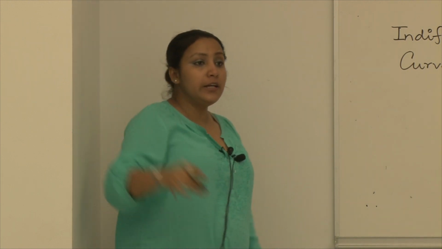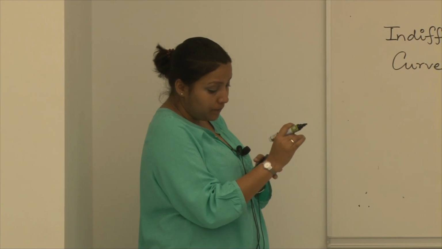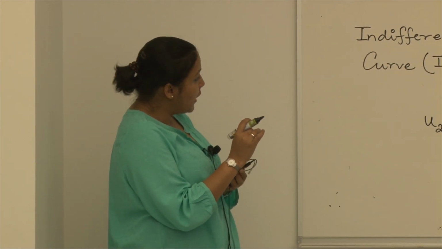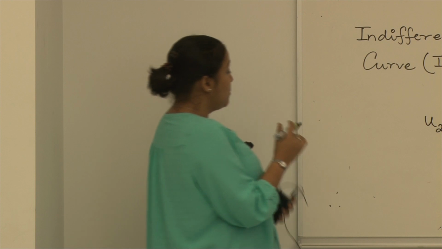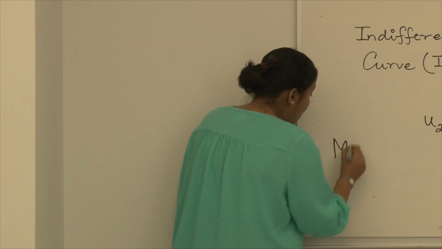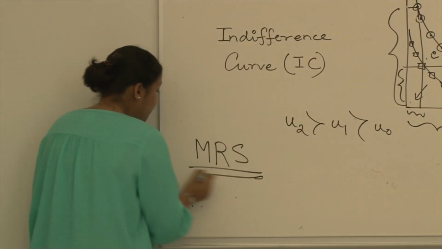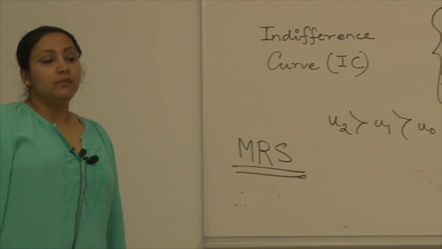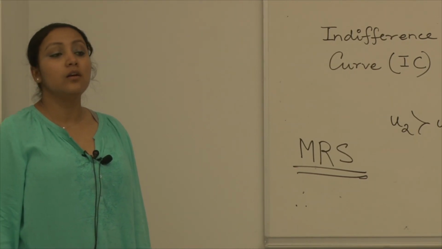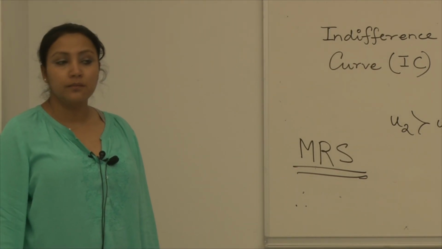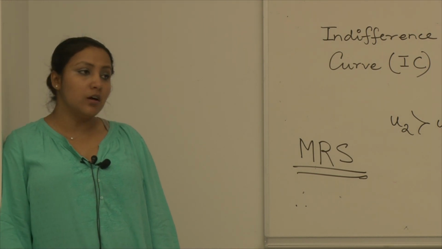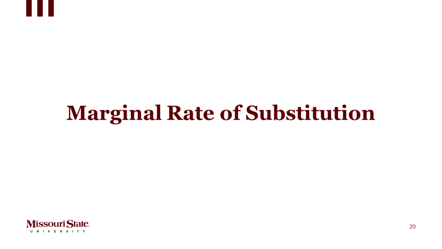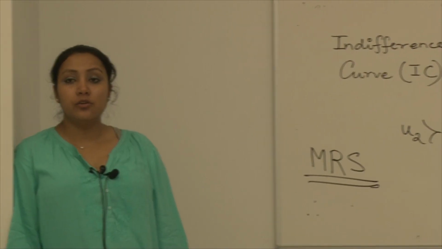So, the slope of any indifference curve is called MRS, which is marginal rate of substitution.